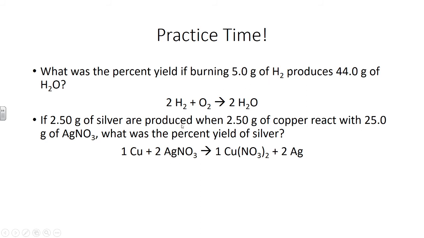And then the next one will have a limiting reactant. 2.5 grams of silver are produced when 2.5 grams of copper react with 25 grams of silver nitrate. So you'll need to look at these questions and figure out what is the theoretical yield. You'll need to figure out what's the actual yield, and that's going to involve scaling the equations. The actual yield is usually handed to you in the problems, and I've done that here as well.